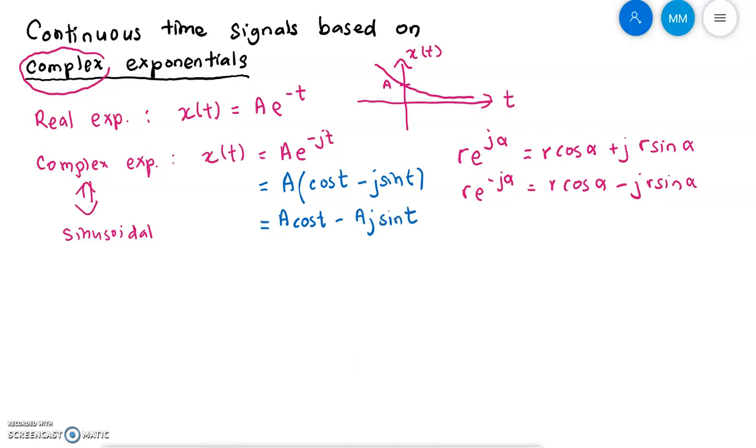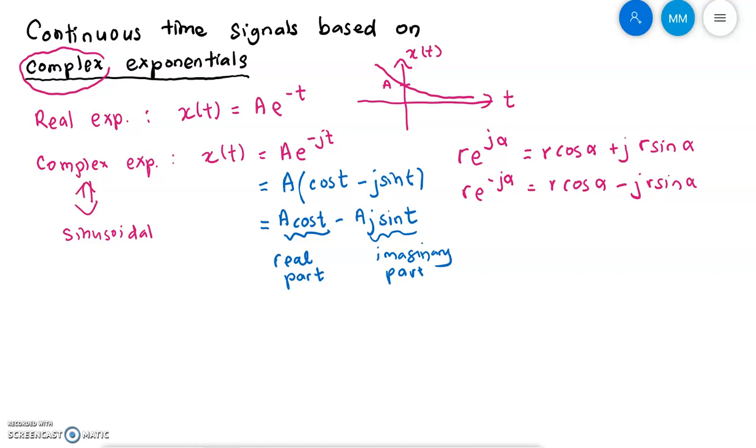So what relationship can we see between this complex exponential function and the sinusoidal? We can see that the cosine function, which is the sinusoidal function, is actually the real part of this complex exponential function, and we also have the sine t here, which is the imaginary part of the complex exponential function, right?